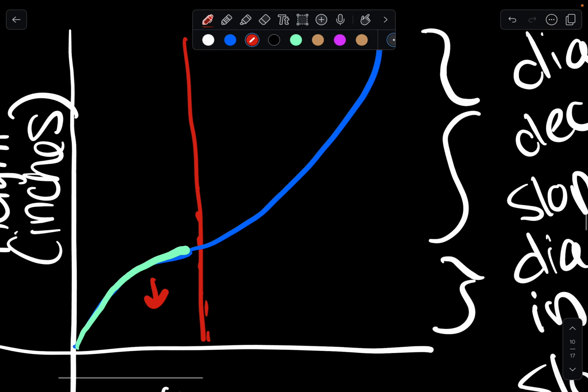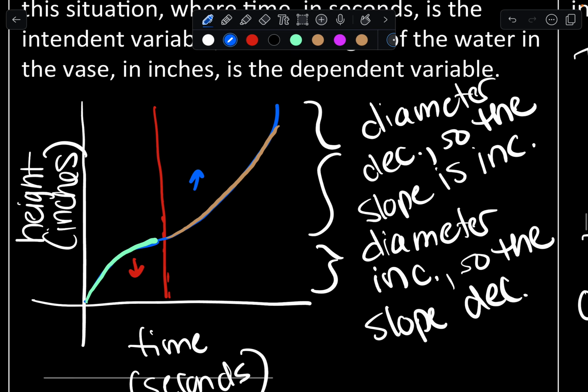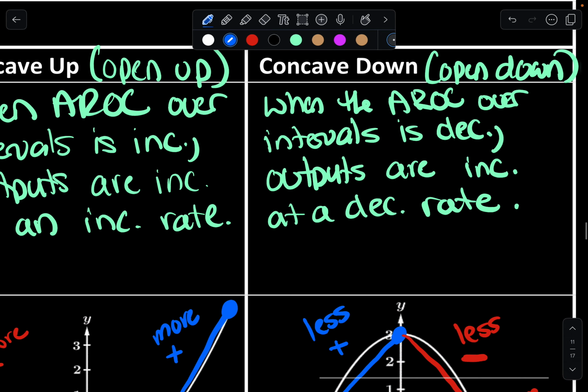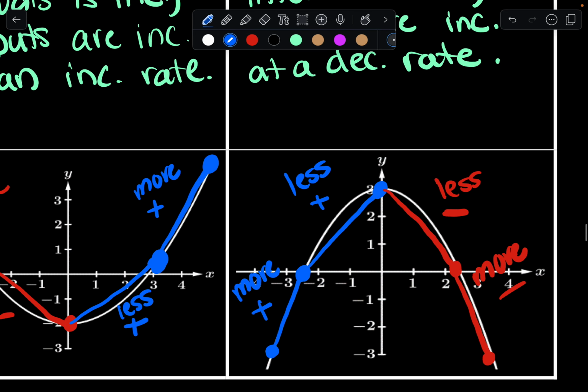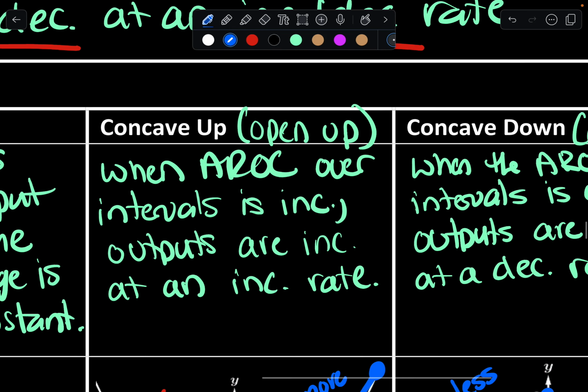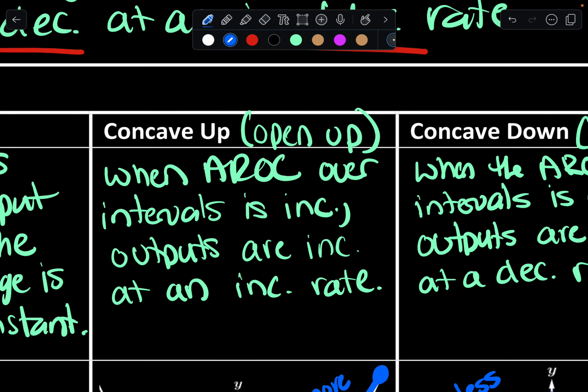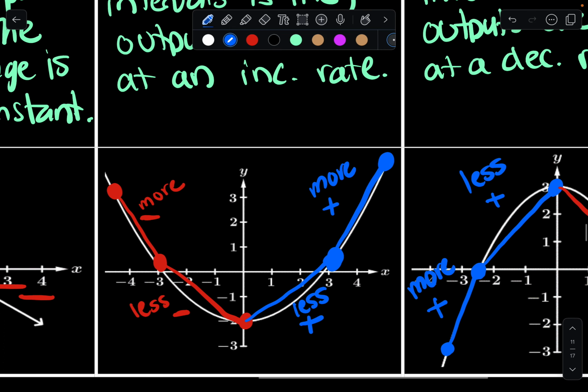So after we pass that, we see another section where the concavity is now concave up. And that's because the height is increasing at an increasing rate. So when you talk about the outputs increasing at a decreasing rate, that creates concave down. And then when the outputs are increasing at an increasing rate, that means concave up.